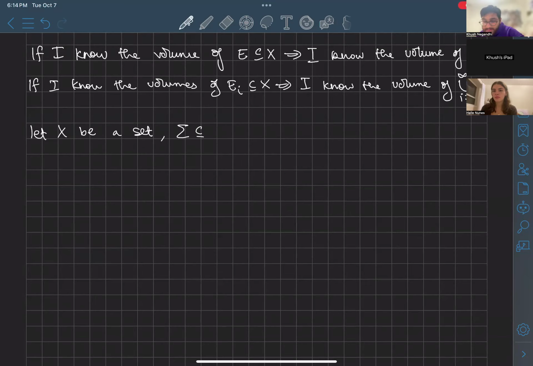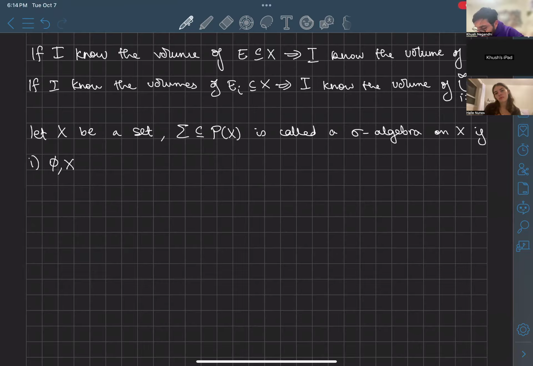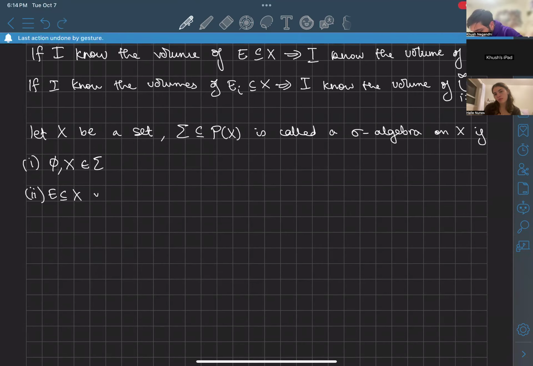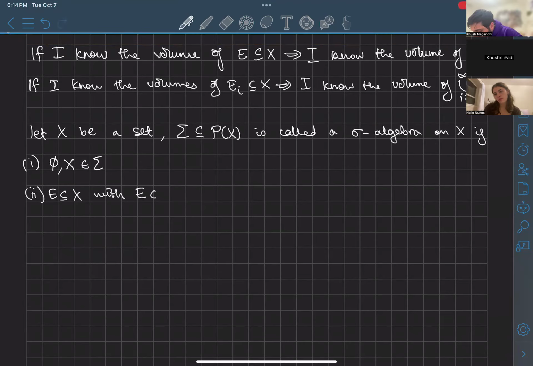Then sigma, a subset of the power set of X, is called a sigma algebra on X if one, the empty set and the entire set are in sigma. Two, for E a subset of X with E in sigma, then X remove E is in sigma.